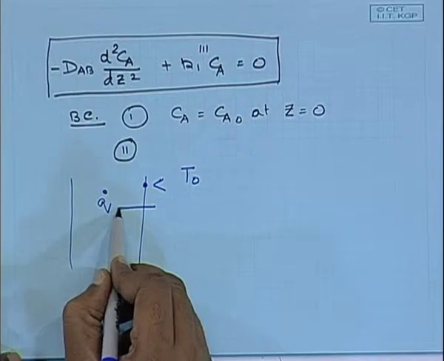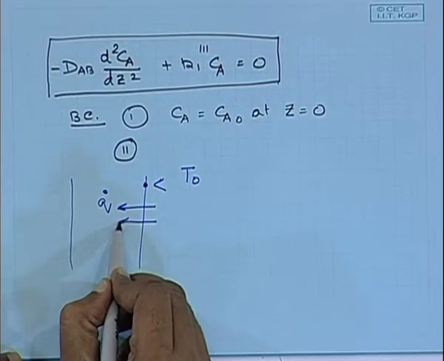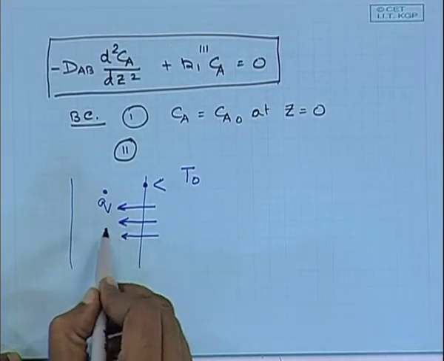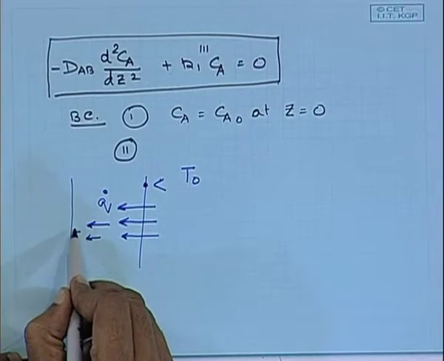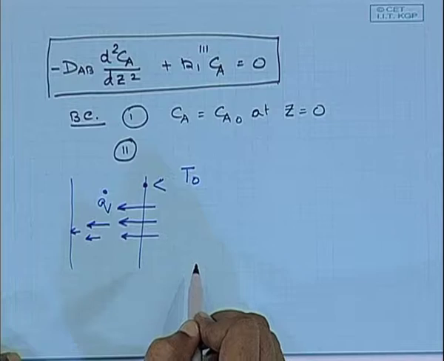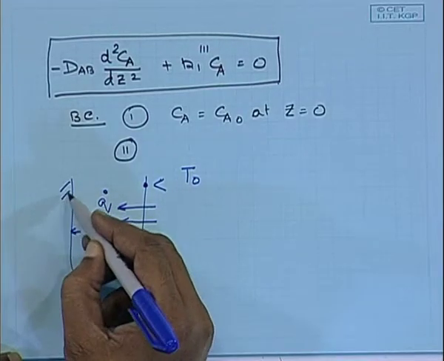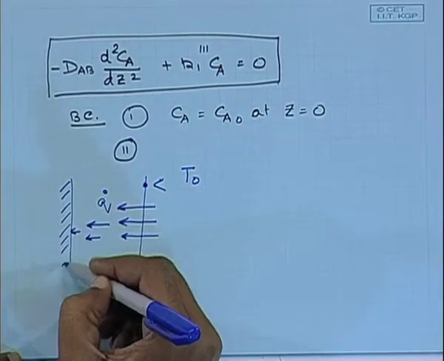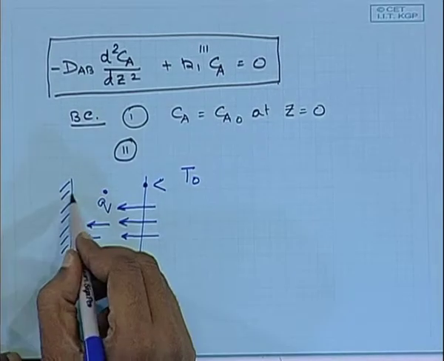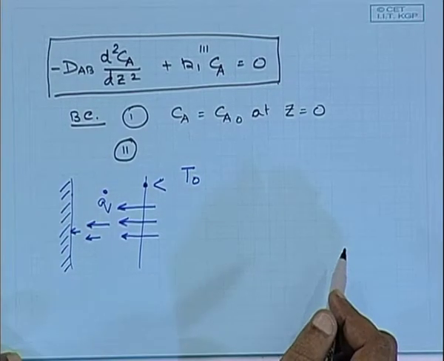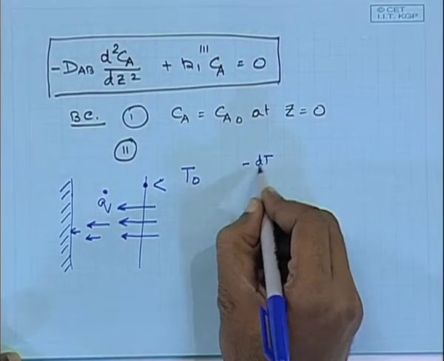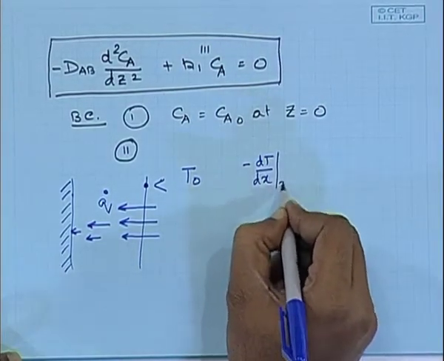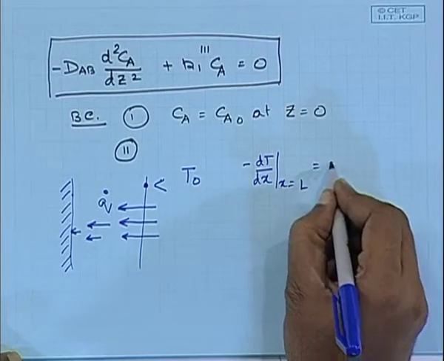So that the energy would flow in this direction, and as it flows, the amount of energy will reduce and it will come to this point. If I make this insulated, what is the boundary condition that you are going to use here? Minus dT/dx at x equal to whatever that location is, equal to 0.